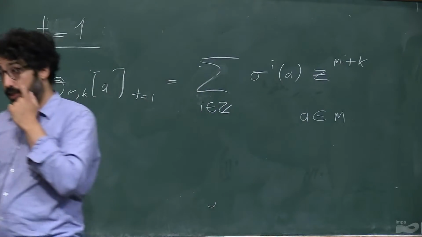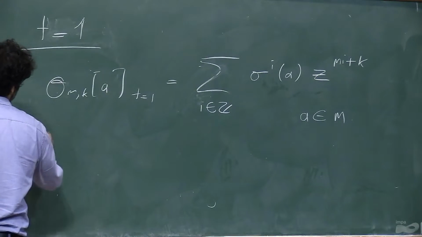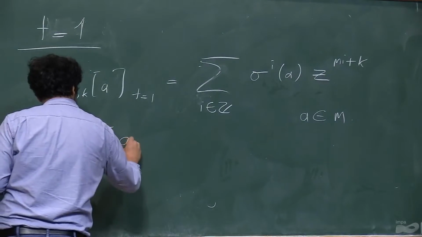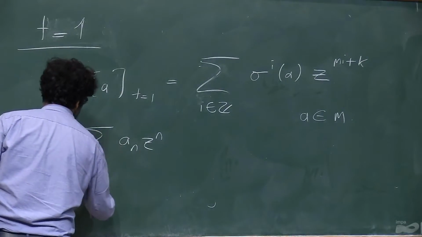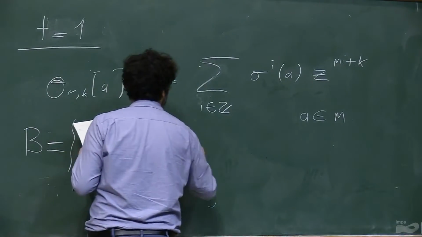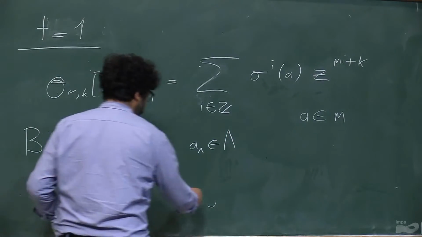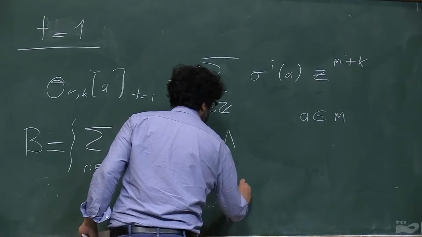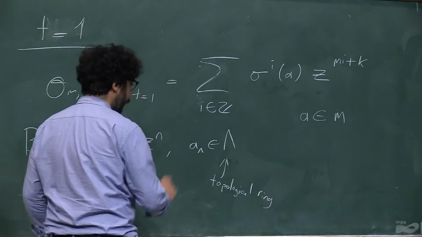In fact, let me write the ring where this takes value. This is a ring that was introduced by Fargues-Fontaine. So it's a series of the following form, and a_n is in this lambda. But lambda is now this topological ring with a non-discrete valuation. But anyway, let me not write that.